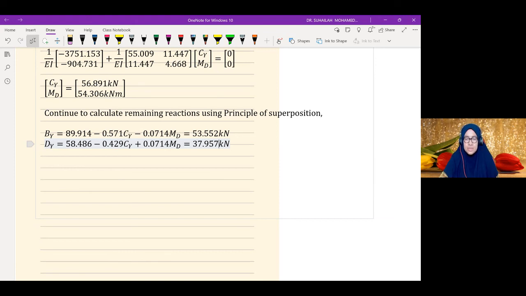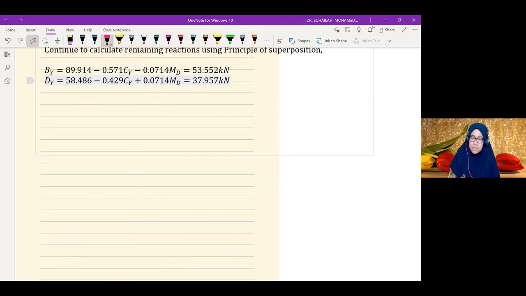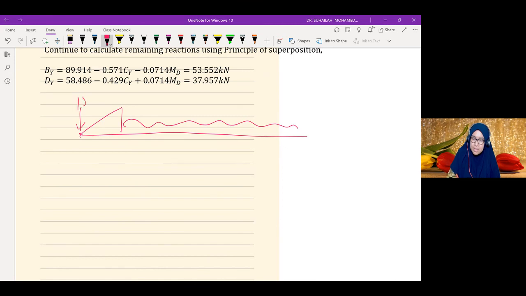And in this question we can actually continue to draw the diagram. So this is a triangular load, this is a UDL. This is 15, 10.2, 8.8.